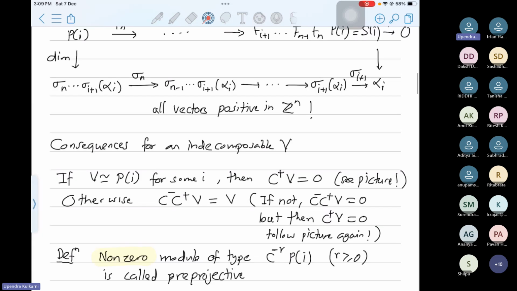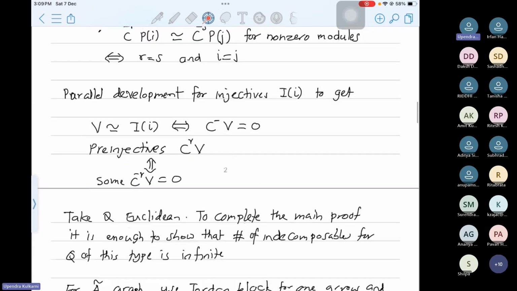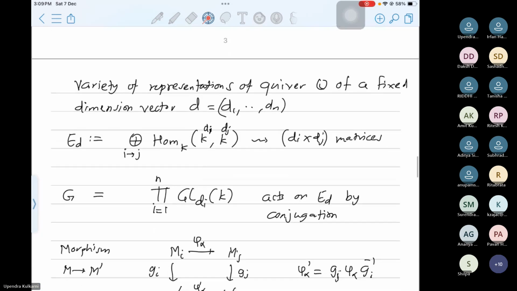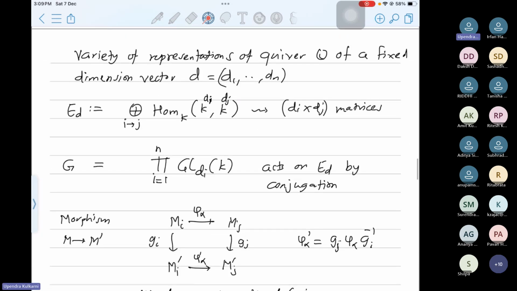So let me go on to something completely different. I have this notion of a variety of representations. What is a representation of a quiver? It is just some vector spaces at each vertex and some matrices, right?